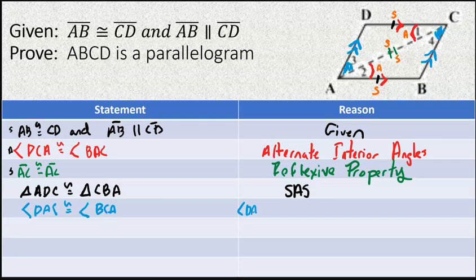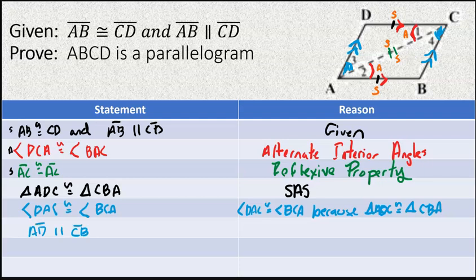I'll say angle DAC is congruent to BCA because triangle ADC is congruent to triangle CBA. From there, I could use that fact to state that AD is parallel to CB.